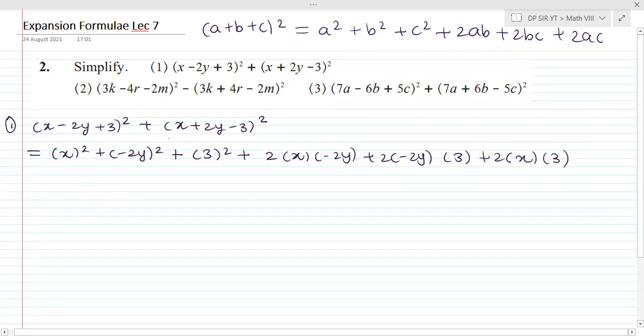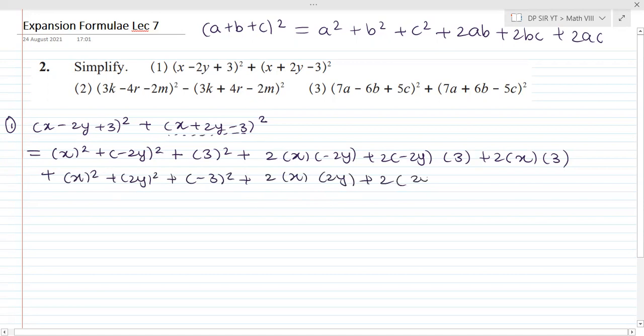First of all, don't forget this bracket, it will cost you very heavily. Plus a square plus b square plus c square plus 2ab plus 2bc plus 2ac. Only the signs are slightly different.